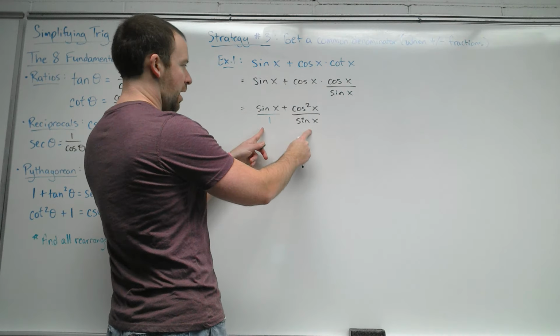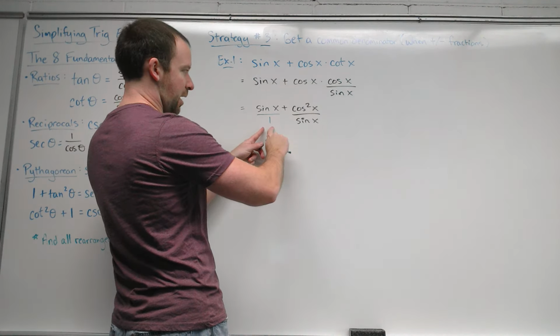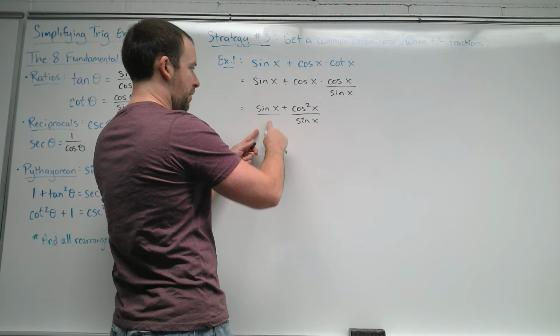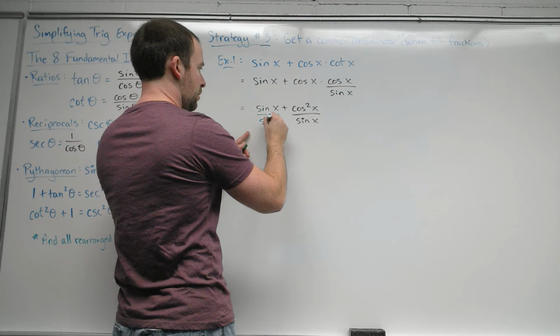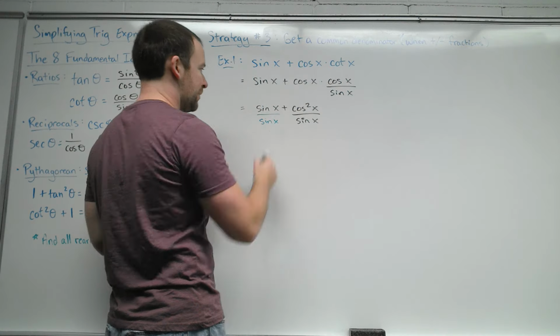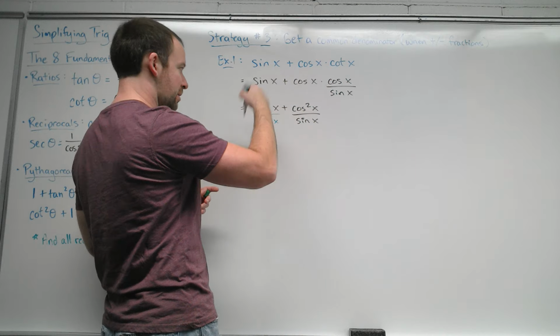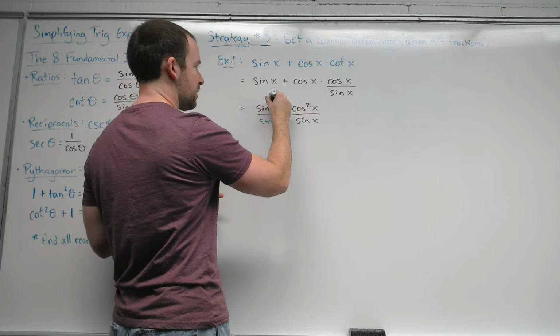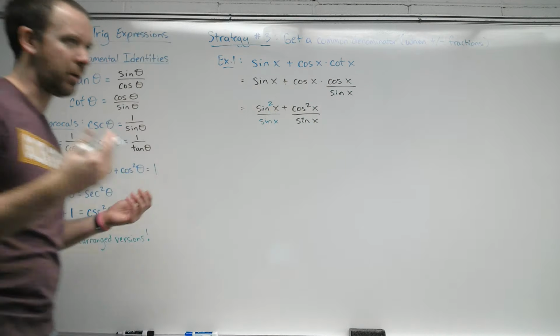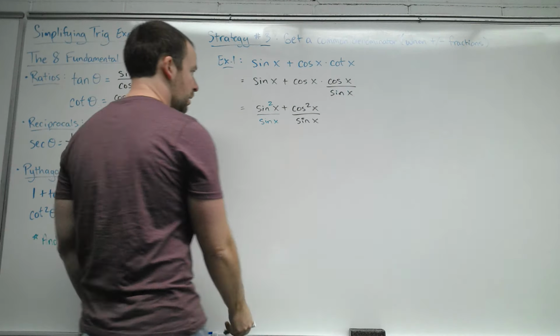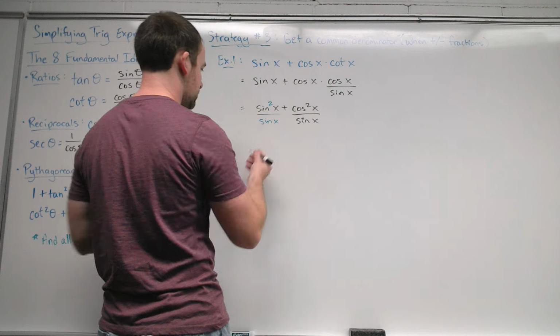So to make a common denominator, multiply this guy by sine. If I multiply the bottom by sine, I'm going to have sine x down here. If I multiply the top by sine, sine times another sine would just be sine squared. It works just like an x. And now I have that common denominator.